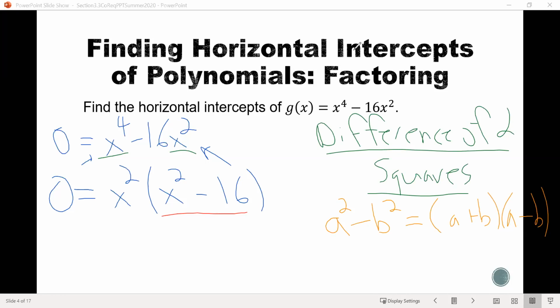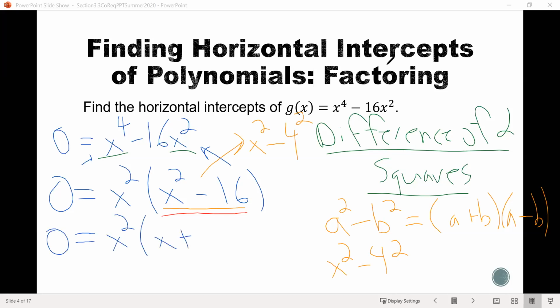This will work for x squared minus 16, because this is x squared, something squared, minus 16, which is the same as 4 squared. So it follows the a squared minus b squared format, and we can factor x squared minus 16 further. It becomes x plus 4 times x minus 4.